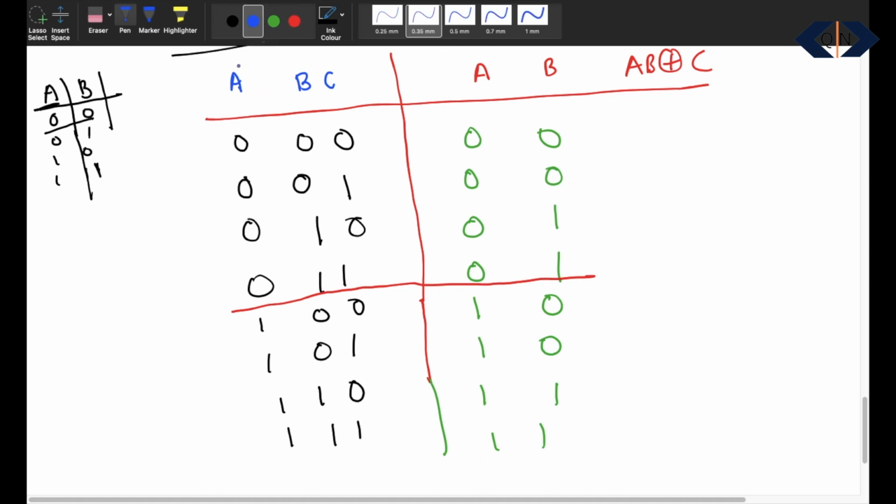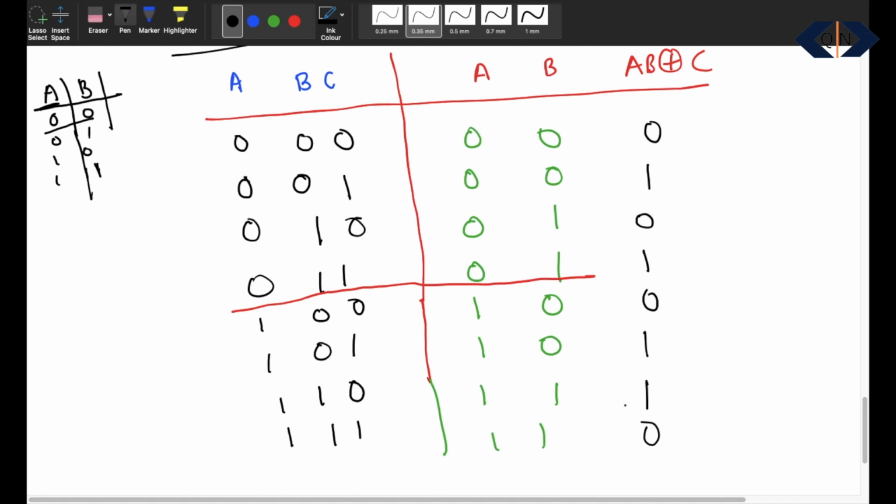Now, what will be our AB XOR C? You know how to get AB XOR C, right? So I am just writing the table: 0, 1, 0, 1, 0, 0, 1, 0, 1, 0, and then this will be 1 and this will be 1 and this will be 0.